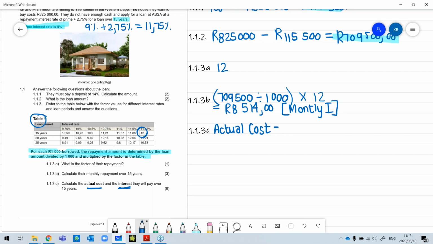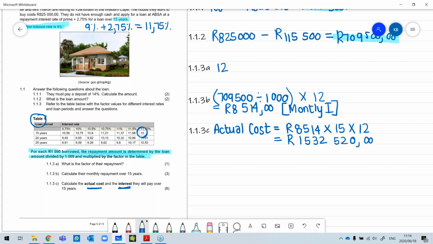We are going to do that by saying our monthly repayment, which we have just calculated, multiplied by 15 years. And remember, each year has 12 months. So 15 years, 12 months for each of the 15 years. And if we type that into our calculator, we get an answer of 1,532,520.